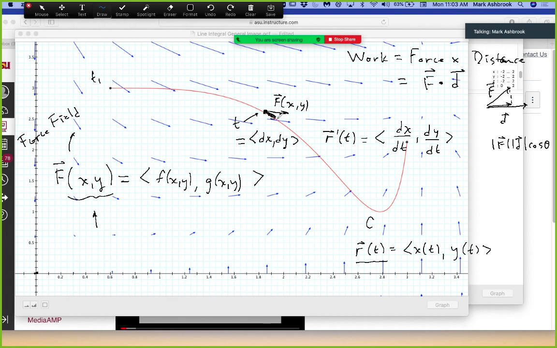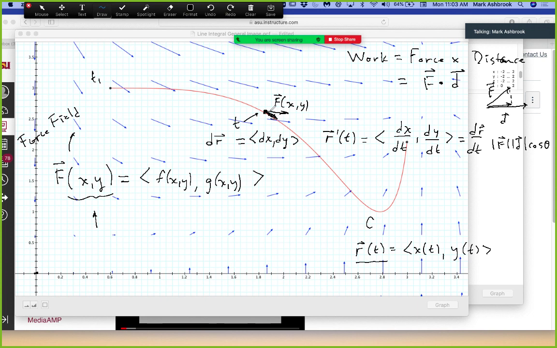So we need an infinitesimal vector in the direction of the velocity, and that's really just our differential of the vector function. That's dr, because this is dr/dt, right? So now I have my little displacement vector, and I have my force vector there. So what's the little amount of work that I'm going to get at that point?